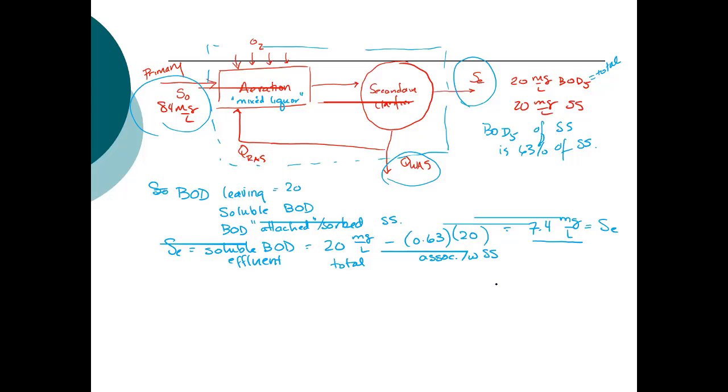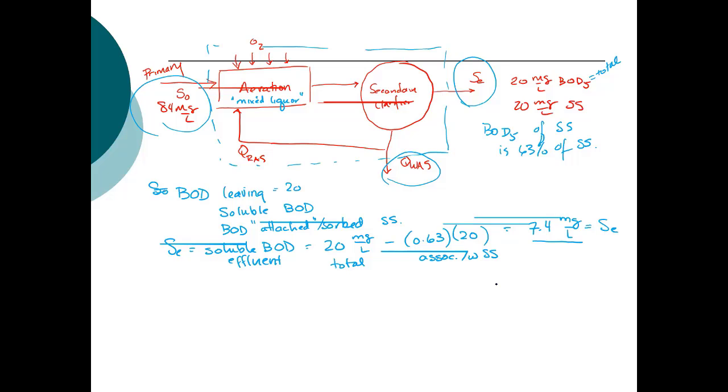Now, we can estimate the mean cell residence times. And when we're looking at these designs, one of the parameters that we use for the design is this mean cell residence time.